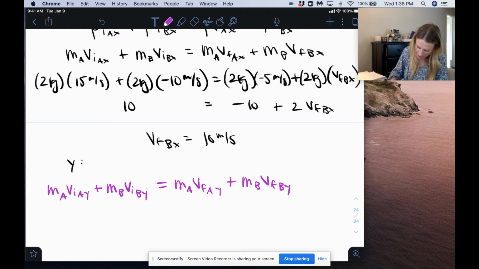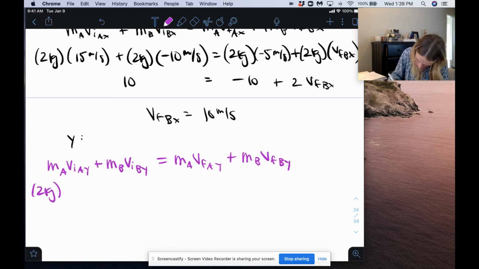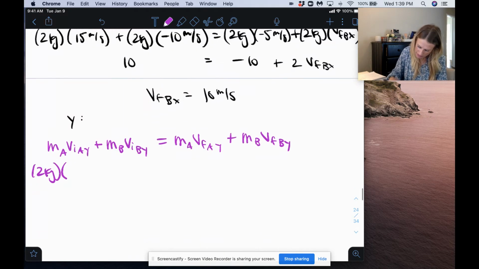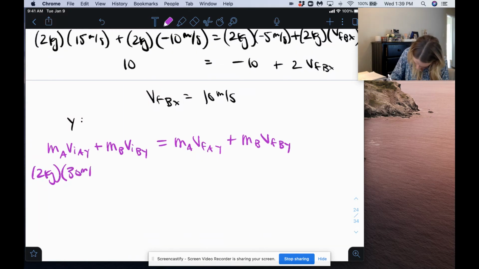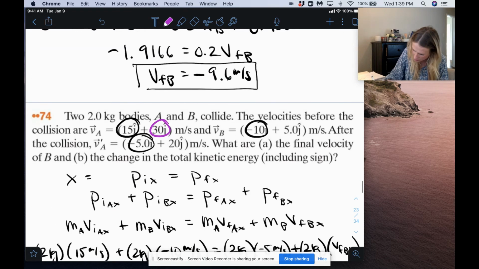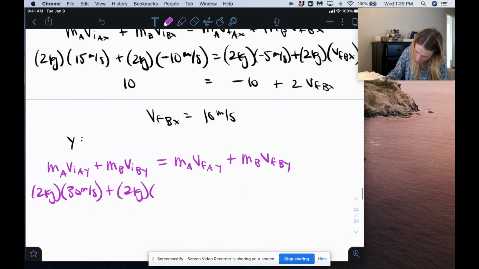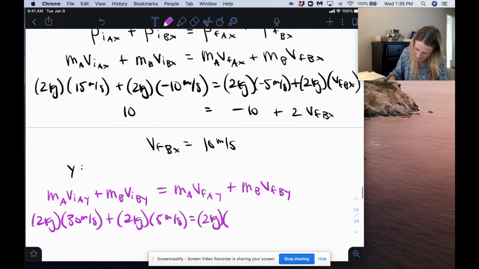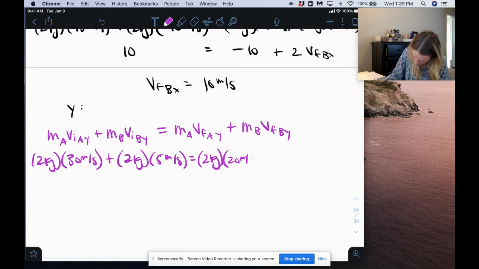So again, mass of A is 2 kilograms, times initial velocity of A in the y direction, that 30 meters per second, plus mass of B, 2 kilograms, times initial velocity of B in the y direction, which is a positive 5 meters per second, equals mass of A, 2 kilograms, times final velocity of A in the y direction, which was a positive 20 meters per second, plus mass of B, 2 kilograms, times final velocity of B in the y direction.